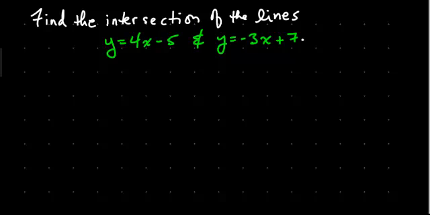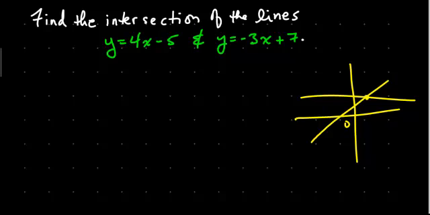Let's work in yellow. Find the intersection of the lines y equals 4x minus 5. So just sketching over here, any 2 lines, if we see where they intersect, their y values are equal. For some given x value they have the same y value.